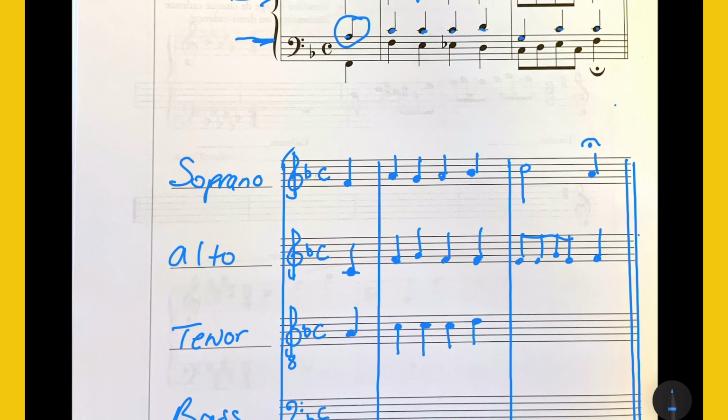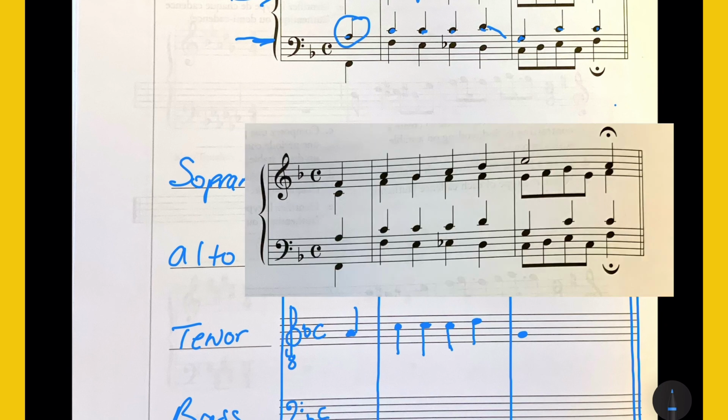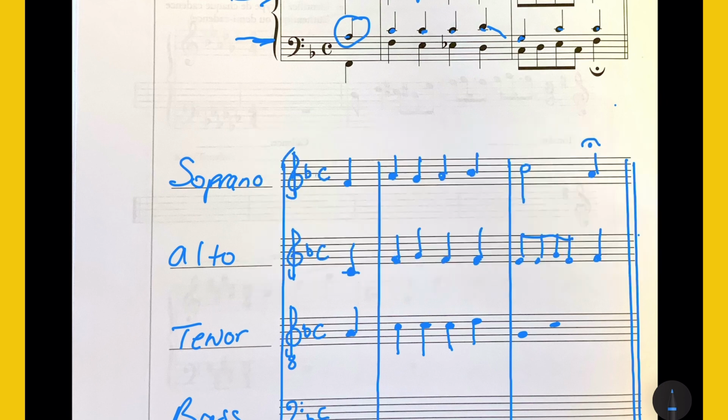Lines go down if they're above line 3. G. So we see from that D, it goes down. So we're going to go to the G, an octave higher than written. Above this G there, we're going to be writing the C, an octave higher than middle C. And then the final F, we're going to be writing the C again.